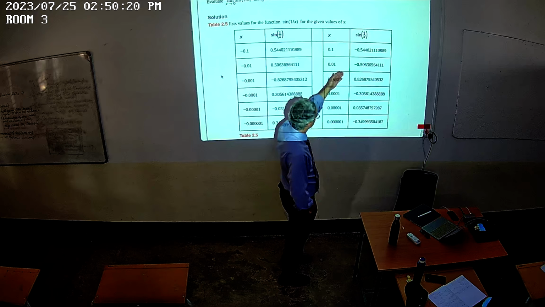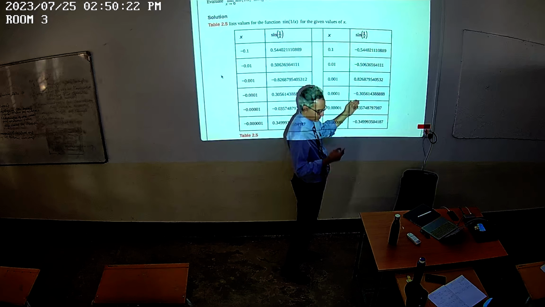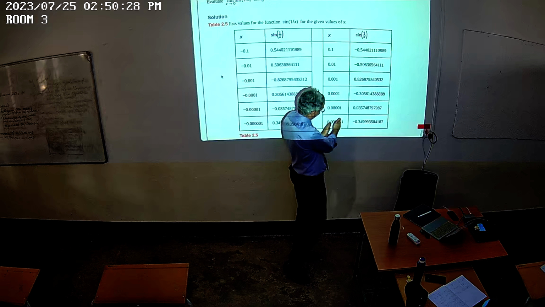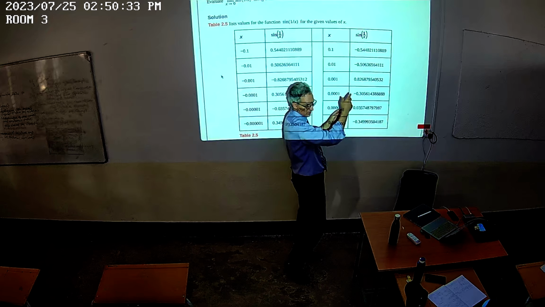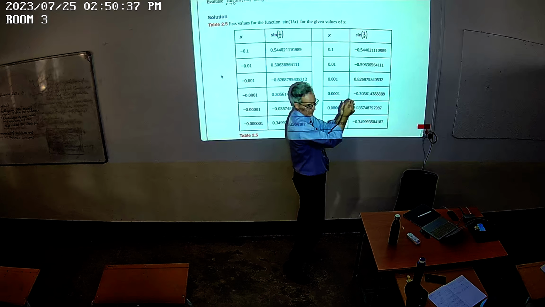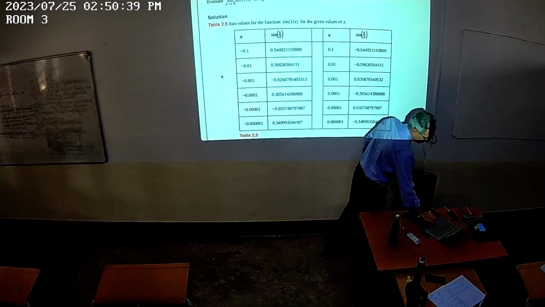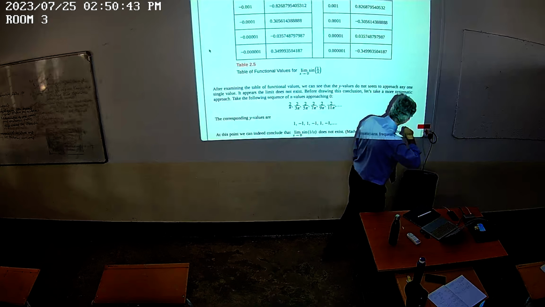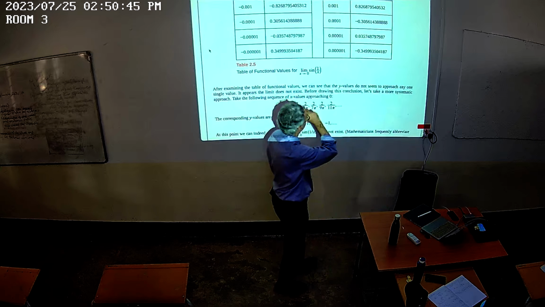This is not getting close to a particular number. That doesn't mean it doesn't happen. Maybe I have to start even closer. Maybe it's doing something really wild, but when you get closer, then it gets close to a number. So this table has not helped us yet find out if there is a limit.